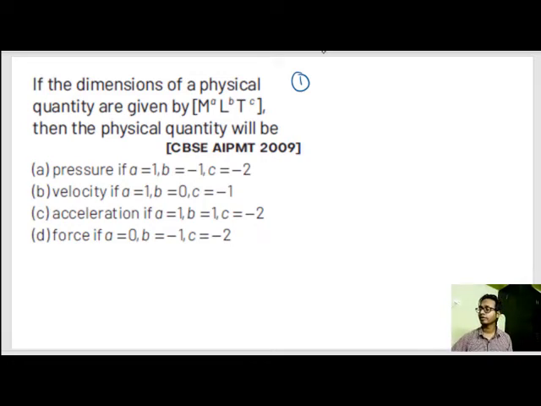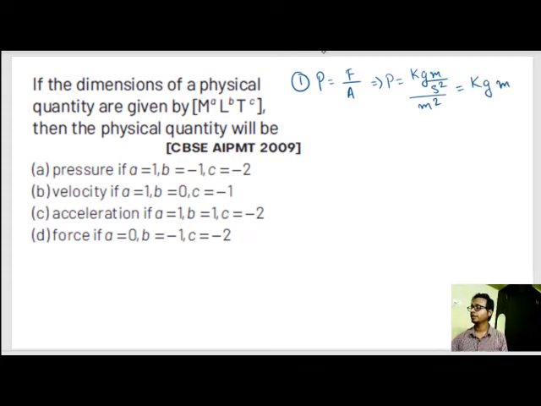Pressure is force by area, or kg meter per second square divided by meter square, or kg by meter second square.